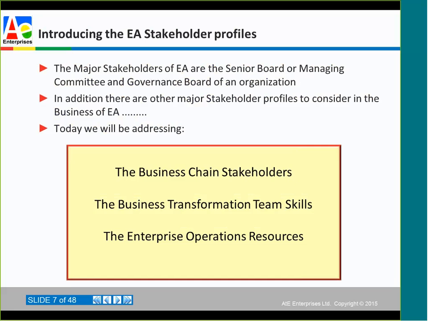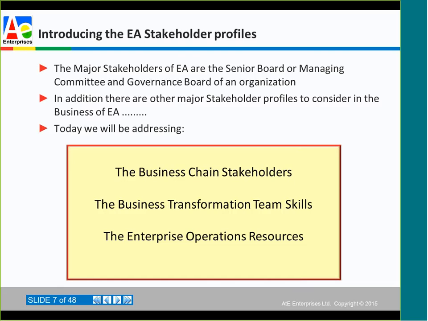And with the next part of the series we will be covering the enterprise operations resources and the stakeholders that are in there. So our focus is very much on what we do, how we train and mentor, how we make sure that we are bringing the business with us and that they become advocates of the enterprise architecture in the organisation.